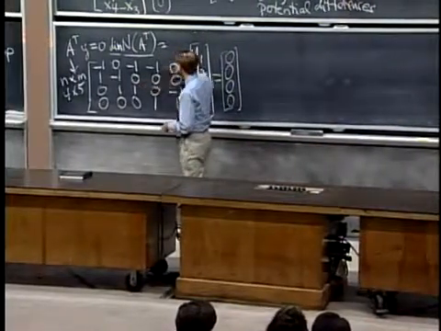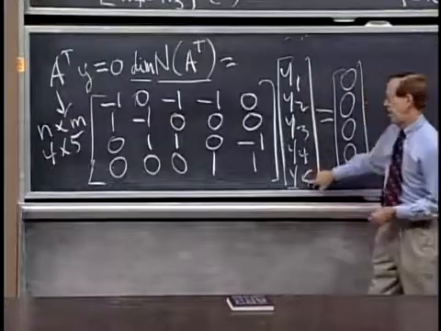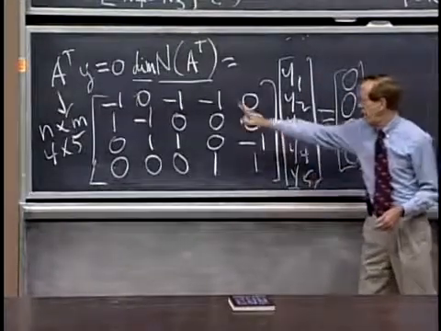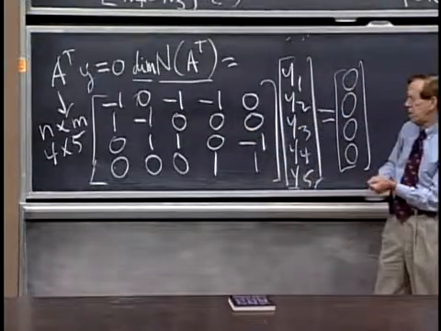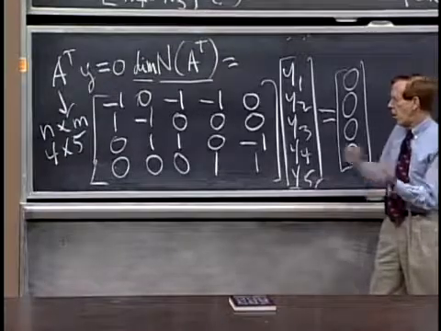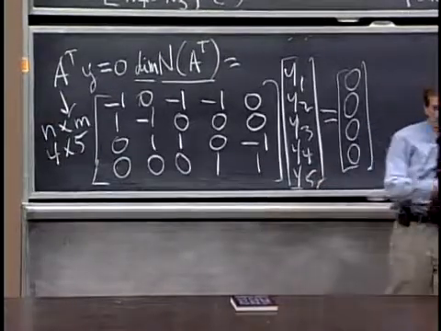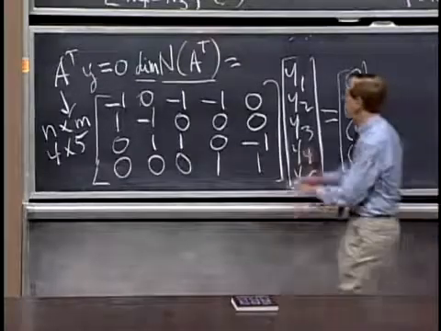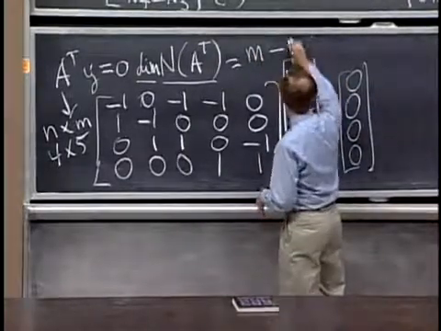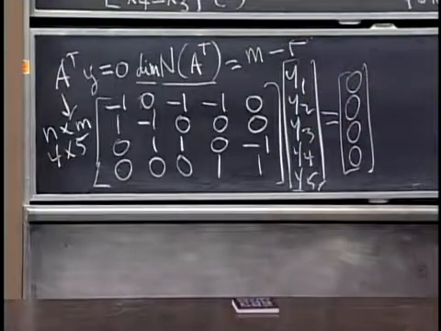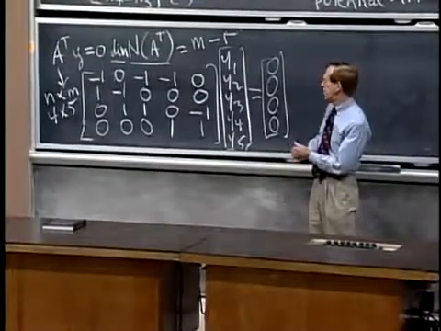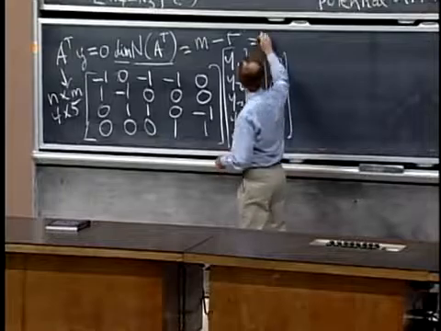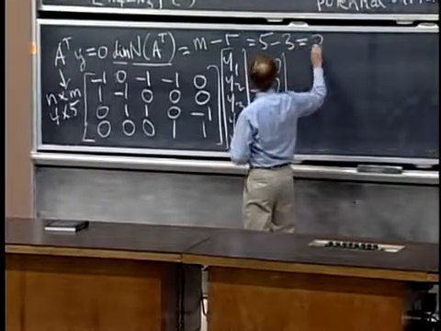There are M equal 5 columns of A transpose, and R of those columns are pivot columns because it has rank R, and M minus R are the free ones. So for A transpose, that's 5 minus 3, so that's 2.